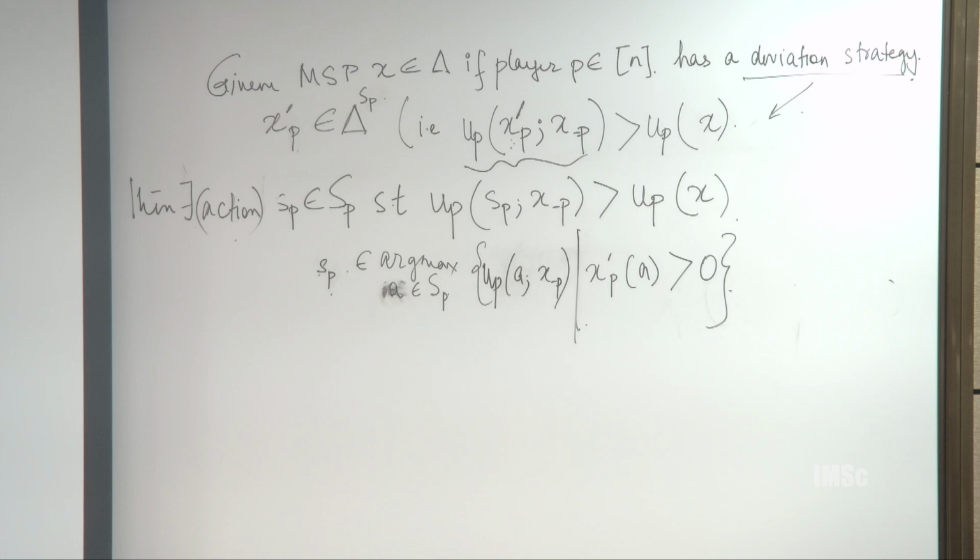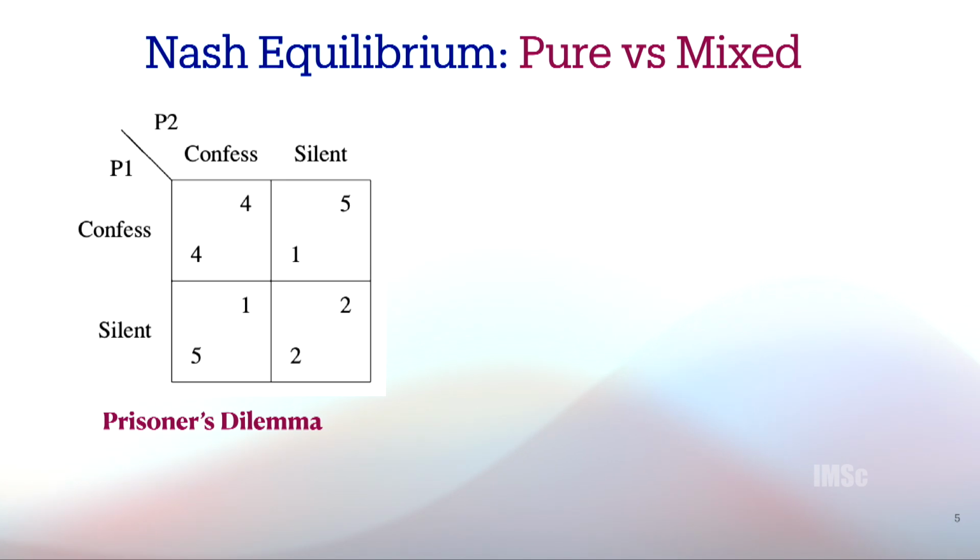All right. Now let us go back a little bit and see quickly: in the prisoner's dilemma, what kind of Nash equilibria do we have? Do we have pure? Both confess. Is that the only Nash equilibrium?